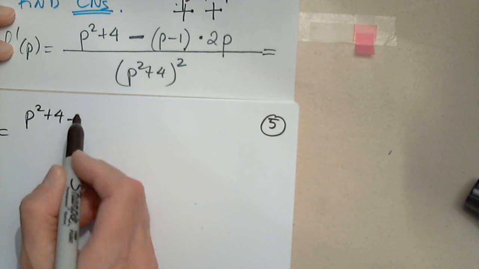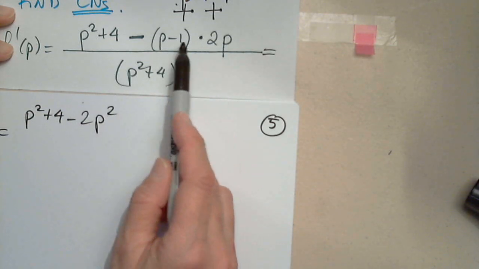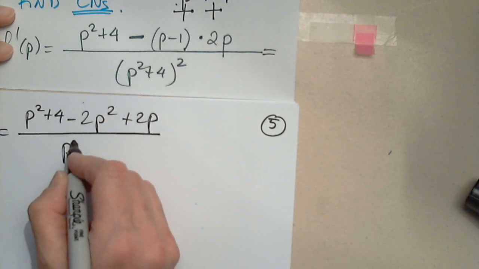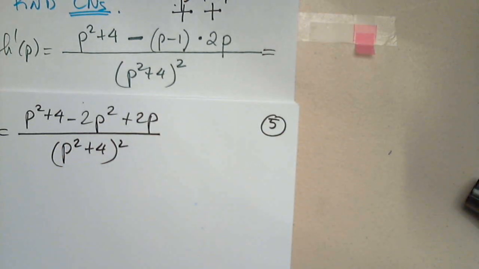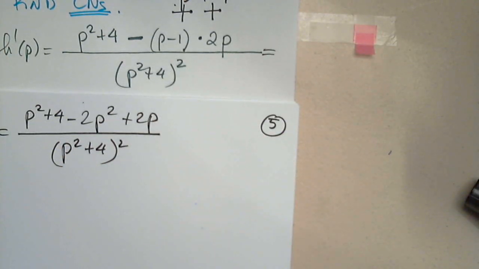P squared plus 4. I distribute 2p over p squared plus 4, squared. So minus 2p squared plus 2p.